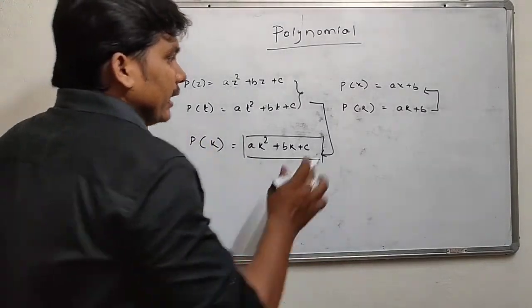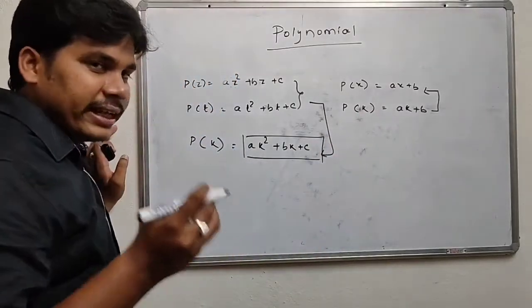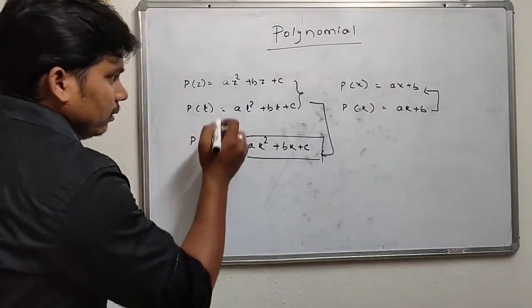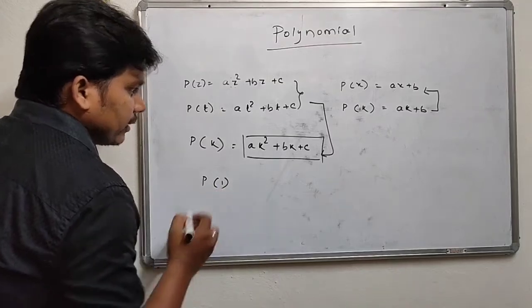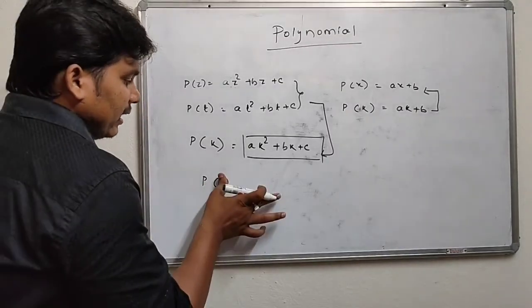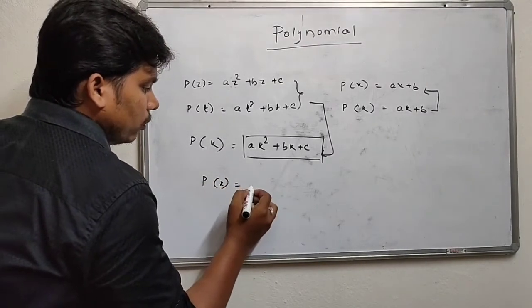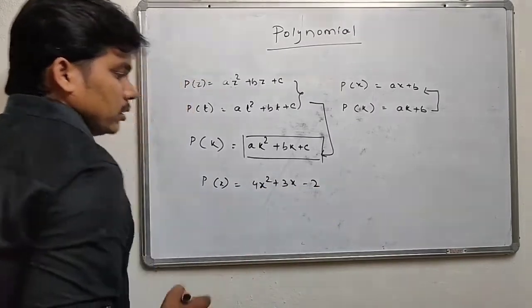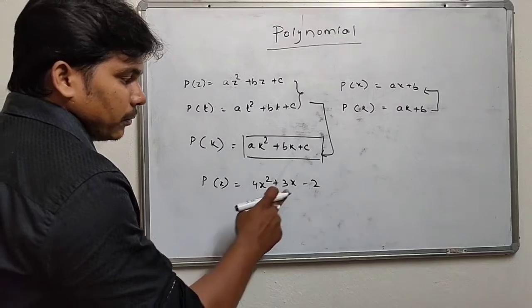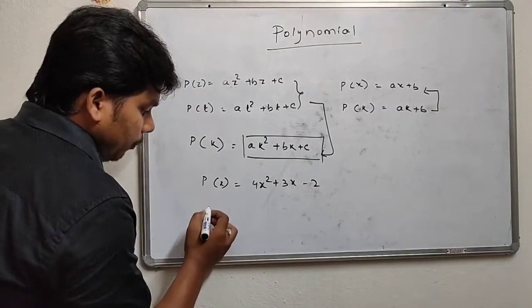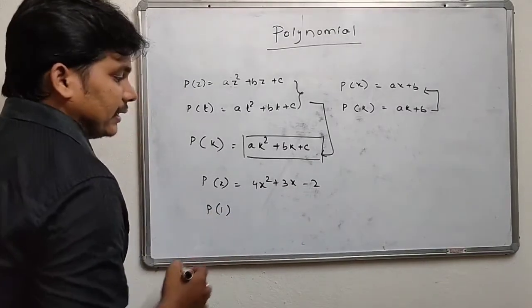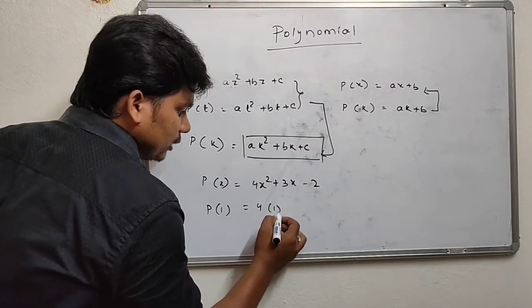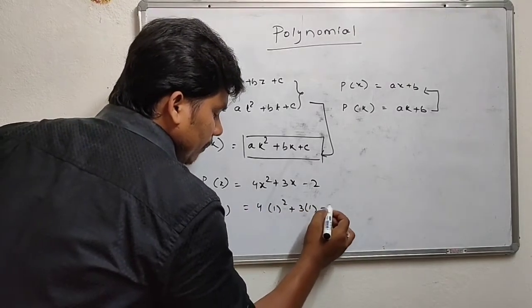Means if I put, just for an example, I will take one number. If I take the number p of 1, then what will happen? Let's take an example: p of x equal to 4x square plus 3x minus 2. If I put 1 in place of x, then what will happen? 4 into 1 square plus 3 into 1 minus 2.